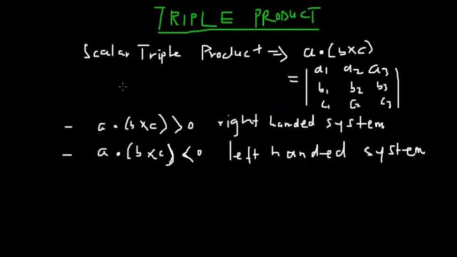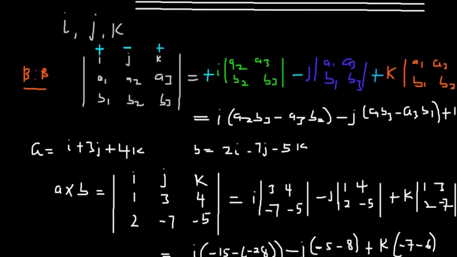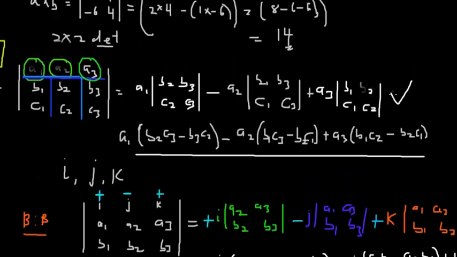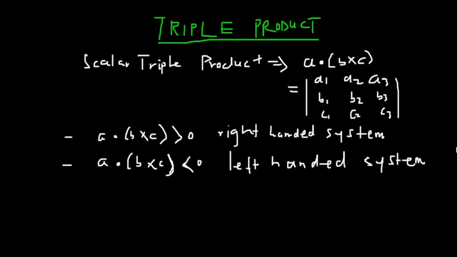Whenever you expand a scalar triple product using the determinant formula and your final answer is greater than 0, that's positive, it means the scalar triple product is a right-handed system.